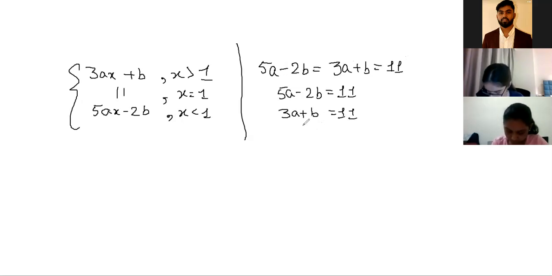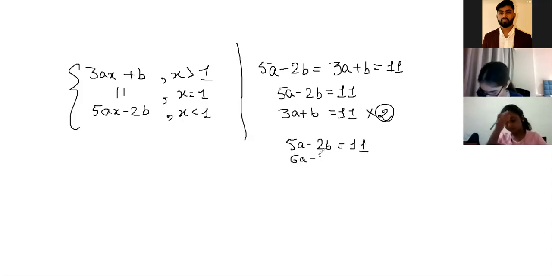Now, in order to solve these two equations, we try to eliminate one variable and then get the value of the other. So I am multiplying the second equation by 2, and it will become 6a plus 2b equals 22, while the first remains the same.